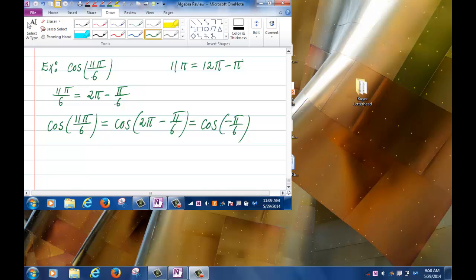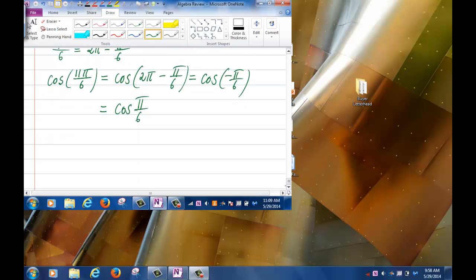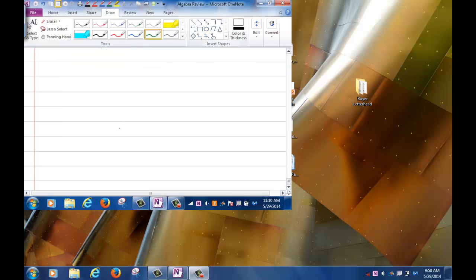What is cosine of negative pi over 6? First of all, can I say that this is the same as cosine pi over 6? I can. Let me tell you why. Generally speaking, let me draw a circle again.